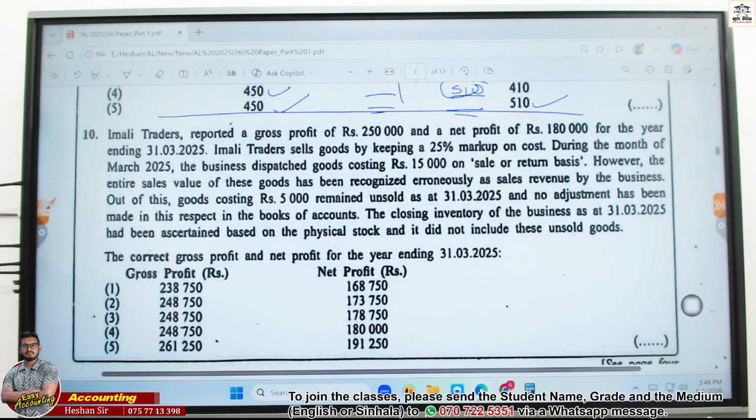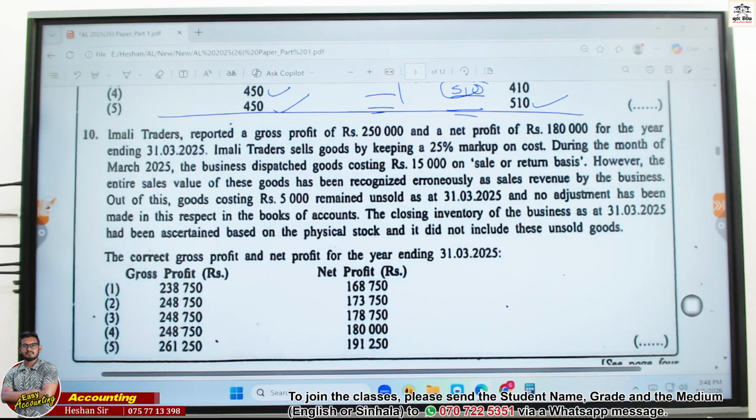However, the entire sales value has been erroneously recognized as cash sales revenue by the business. Then out of this, goods costing 5,000 remain unsold at 31st of March 2025. No adjustment has been made in the books of account. The closing inventory has been based on the physical stock, and it did not include these unsold goods, right?